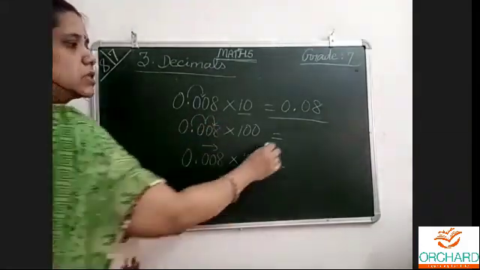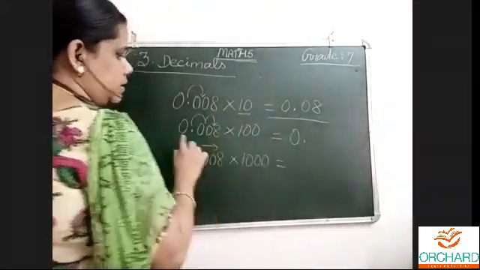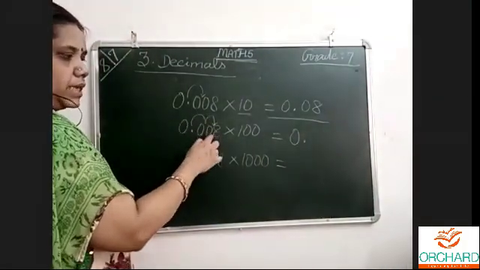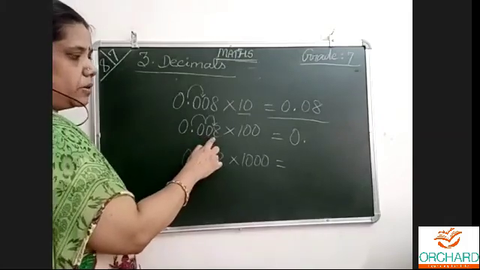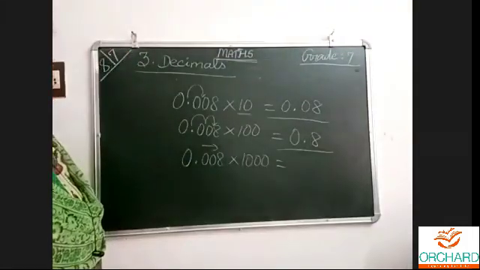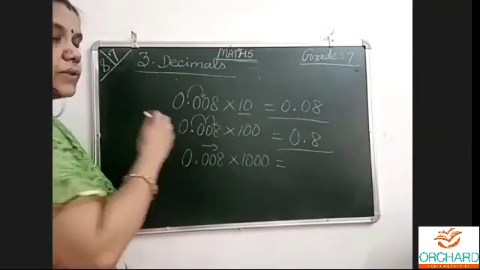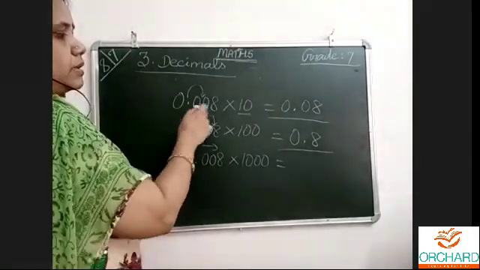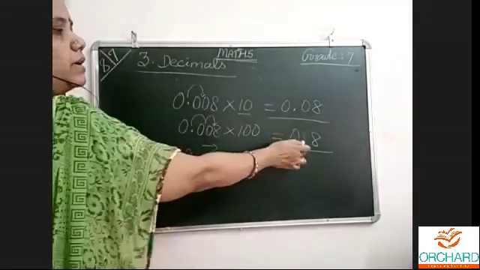This 0, leave it off, no value. The point comes here. So 0.8. From the position where it is situated, 2 positions jumping, and we wrote.